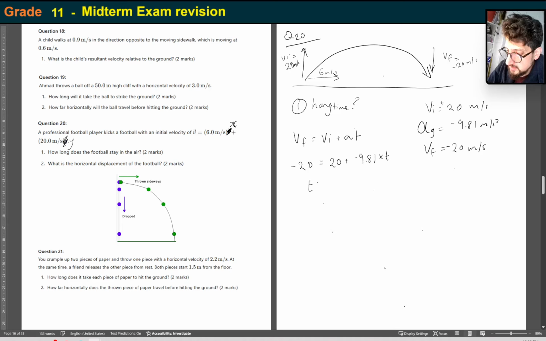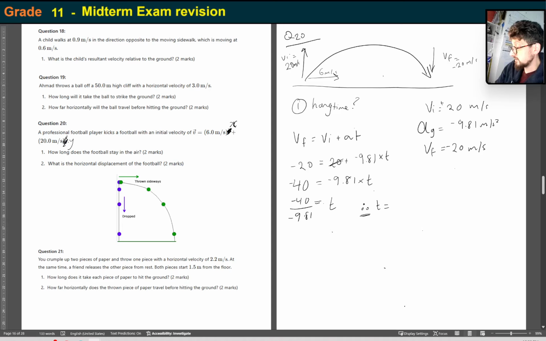Let's do it slowly because I know some of you will be struggling with this. If I subtract 20 from this side and 20 from this side, then I get minus 40 equals minus 9.81 times t. Therefore t equals minus 40 all over negative 9.81.